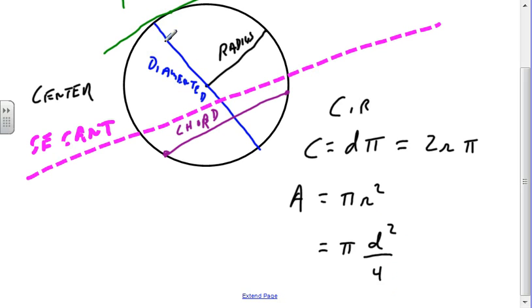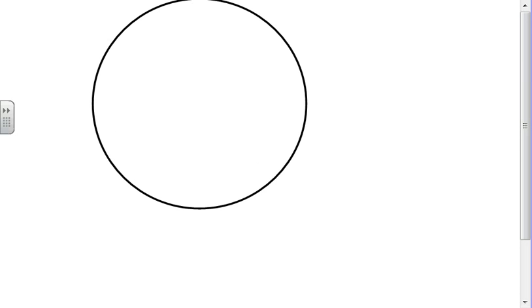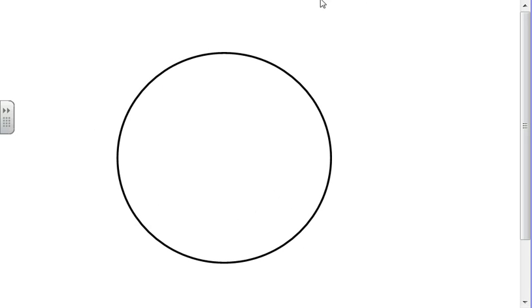Okay. Our picture is messy enough, so we'll go get another one. Alright, so I got a center, I got a point in the middle again. If I have an angle coming from the center of the circle, then that's going to be called a central angle.